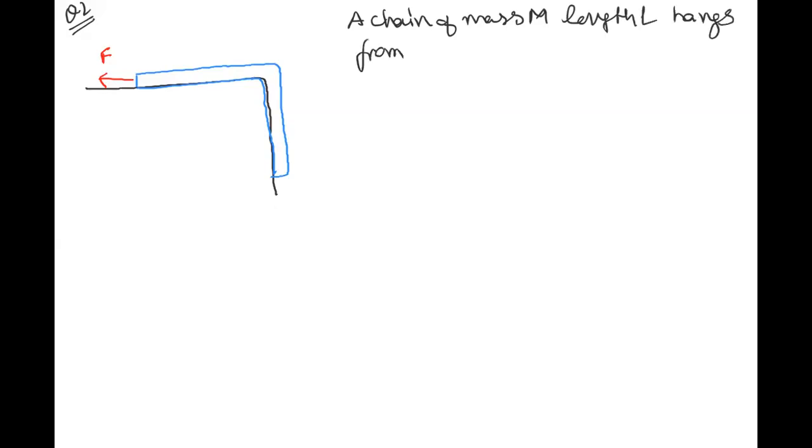So the question is: a chain of mass M, length L, hangs from a table such that 2/3 is hanging.